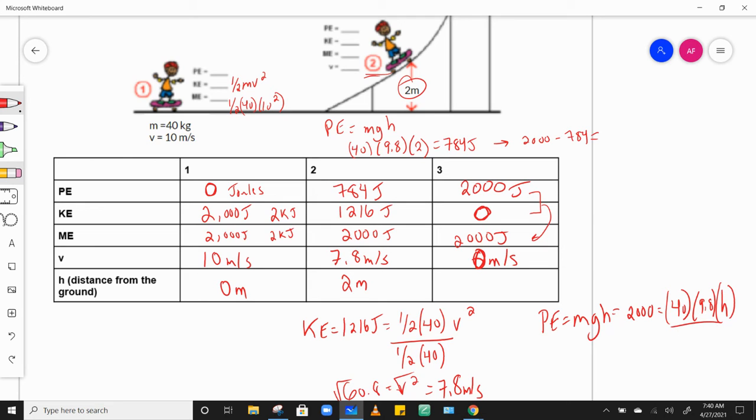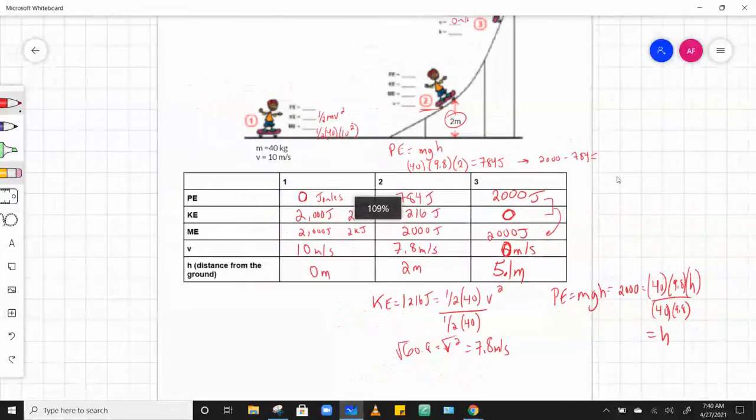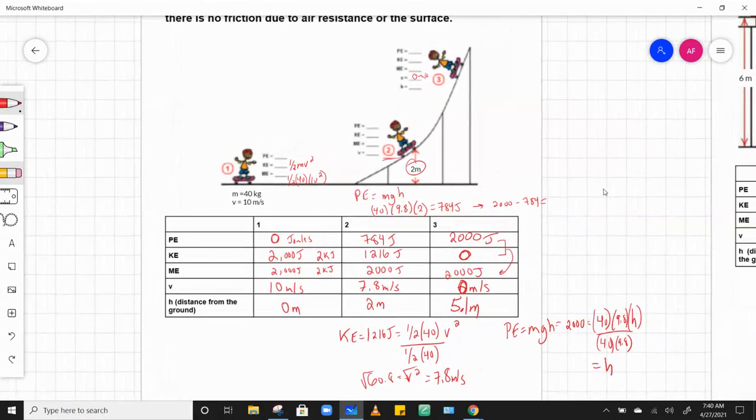So we divide by 40 and 9.8, and we should get the height. 2,000 divided by 40 times 9.8, and I get 5.1 meters. So this little skater dude is going to get all the way up to 5.1 meters high, and then he's going to stop.